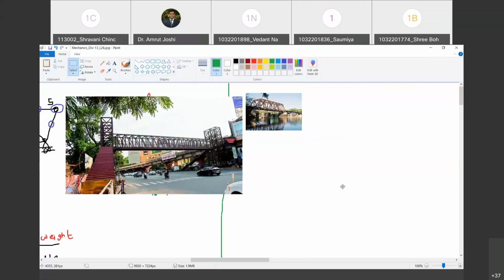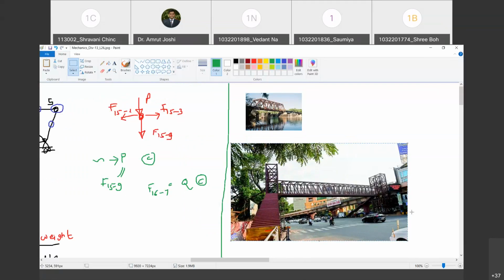I am very sure you have seen such kind of bridges. Yes, sir. What do we call them? Foot over bridges. Yes, sir. Is it a truss? Yes, sir. 100% it is a truss.